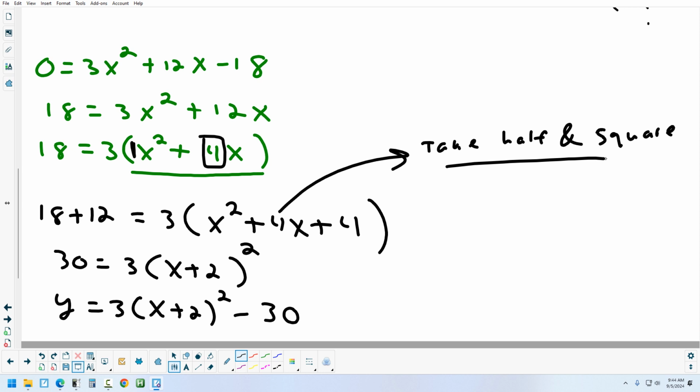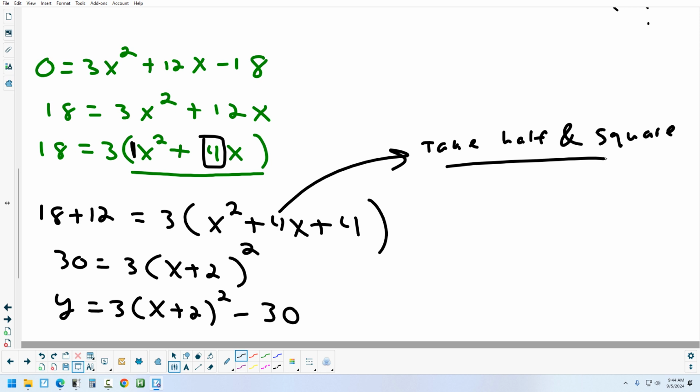Be careful if you factored a number out, because whatever you add is multiplied by that number you factored out. Simplify the left-hand side. If you added the proper number, this should factor very nicely. It could be x plus a number and then x plus a number, or x minus a number and x minus a number. But it has to be two things that are the same. It can't be x plus 2 times x plus 3. That wouldn't be to the second power.